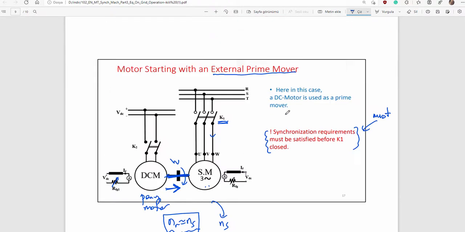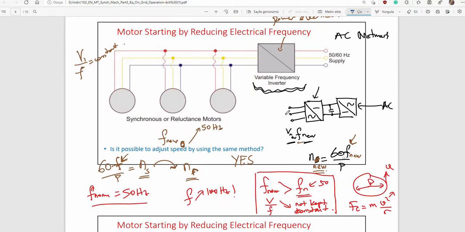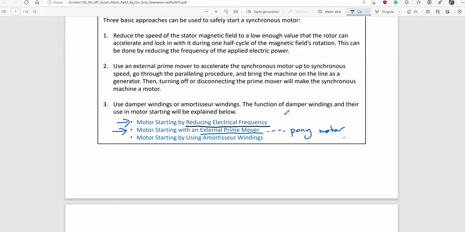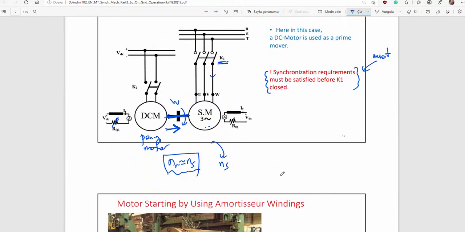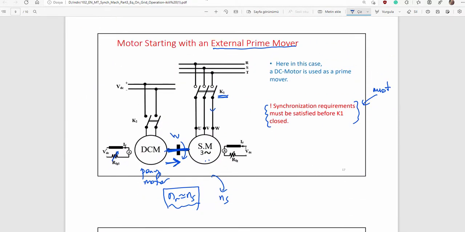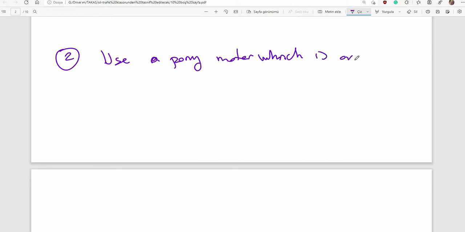Pony motor we have examined. There will be some diesel motor, induction motor. And now someone can get confused. Let me write it down here. As a second method, use a pony motor, which is an external mechanical prime mover.